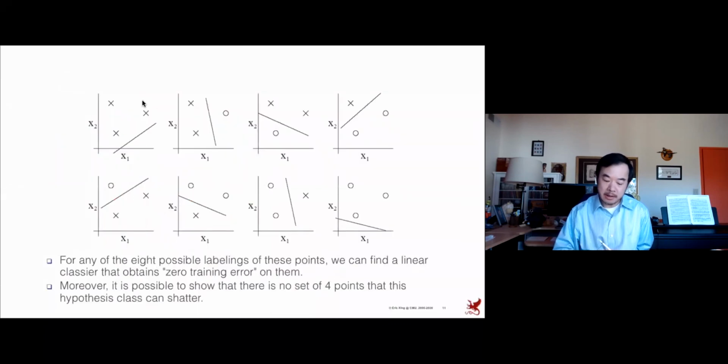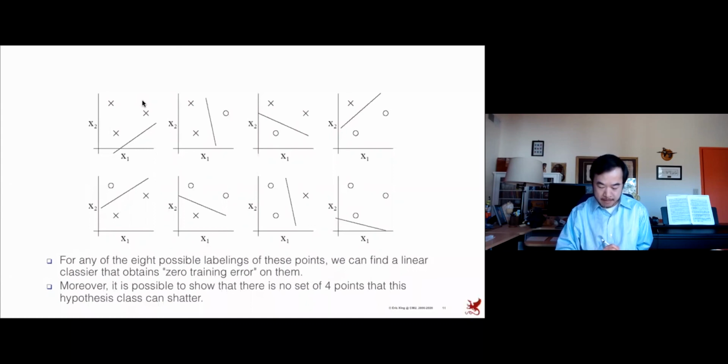And here are the 8 ways of labeling all these 3 points. You can see that I label it all positive and all negative and positive on some and negative on others and so forth. And I can always place a line somewhere to perfectly classify it.